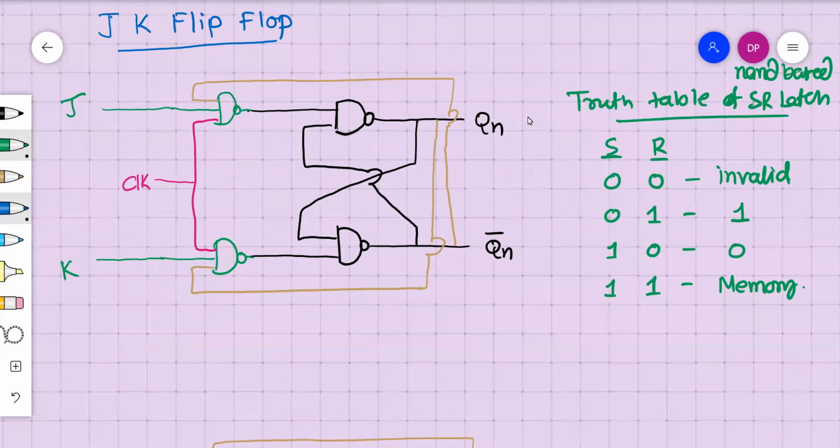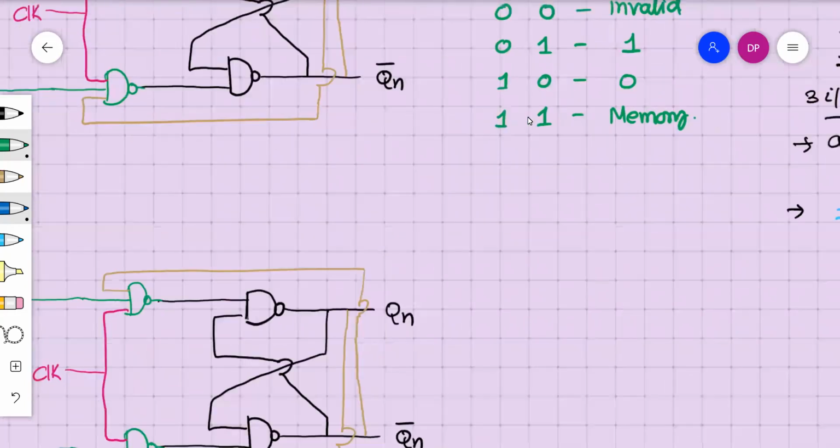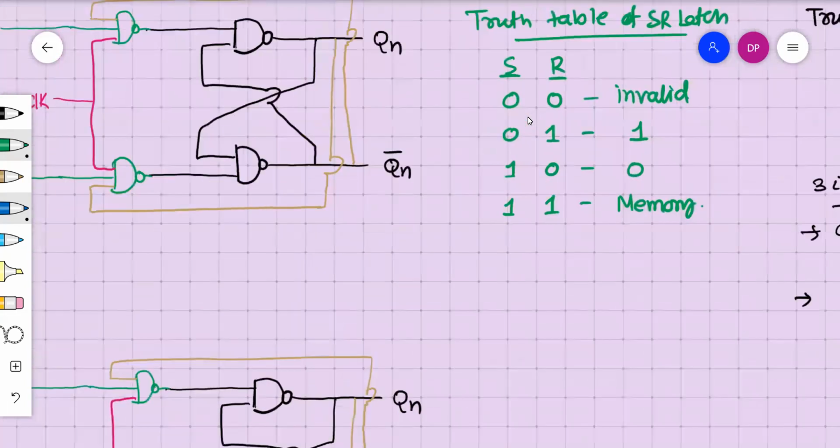You can see the difference between SR and JK flip-flop: we have additional connectivity, mentioned in brown color. Qn is connected to the 3 input NAND gate with K, and Qn complement is connected to another 3 input NAND gate along with J. Now we would like to make the truth table of this JK flip-flop.